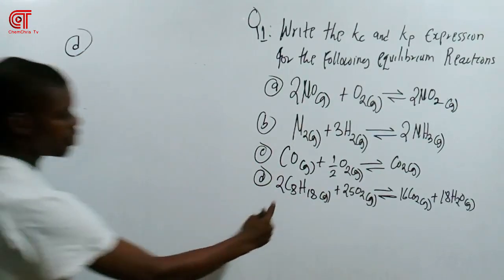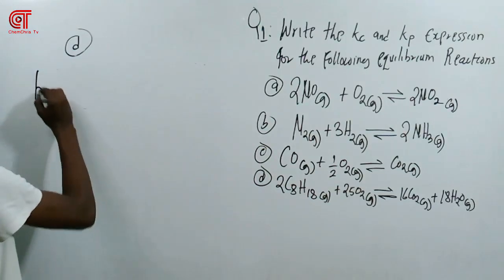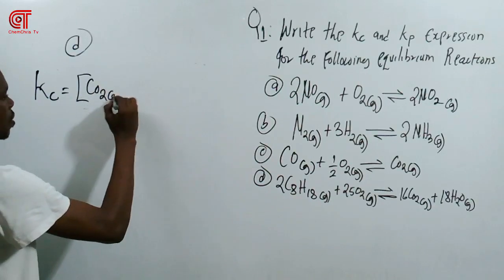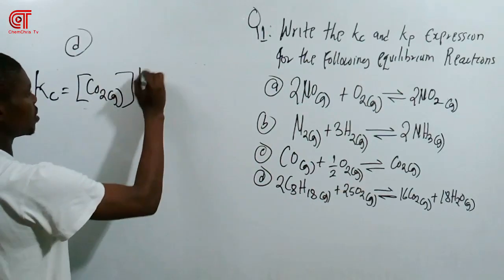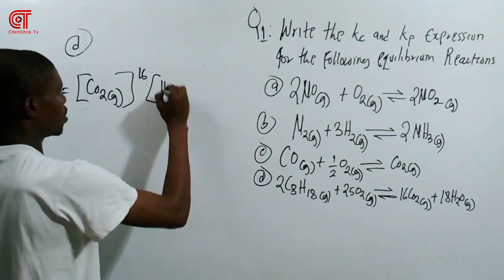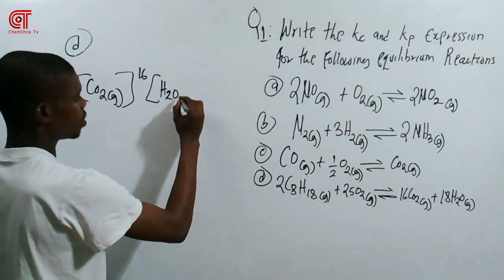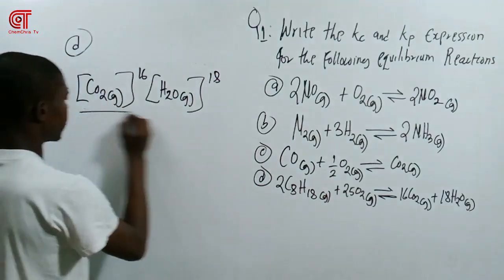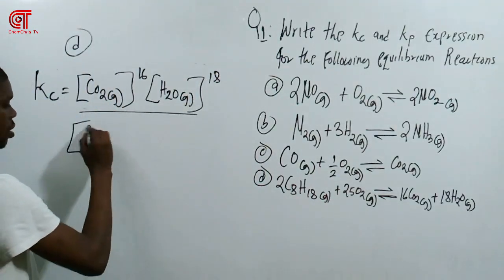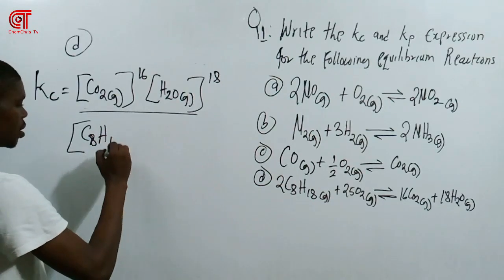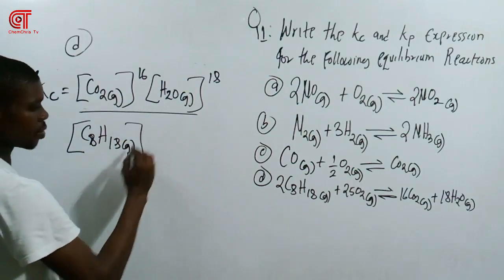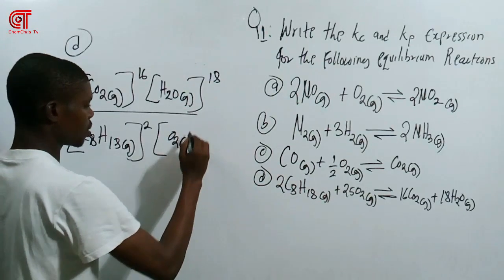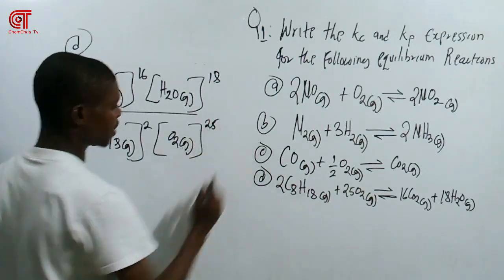So here we have Kc equals the concentration of CO2 gas, this is 16, and H2O gas, this is 18, over the hydrocarbon gas, this is 2, then O2 gas, this is 5. Get?